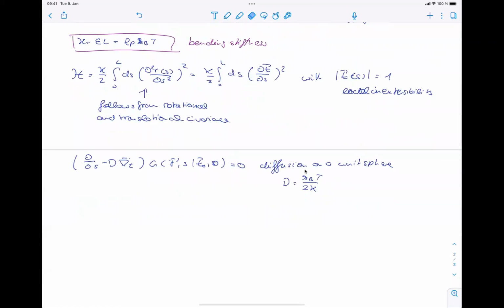And then the Green's function solving this diffusion equation being given by the path integral over all conformations of this semi-flexible chain.